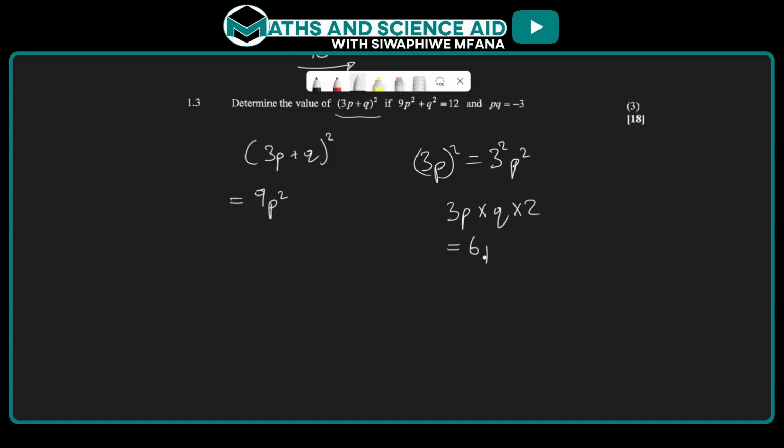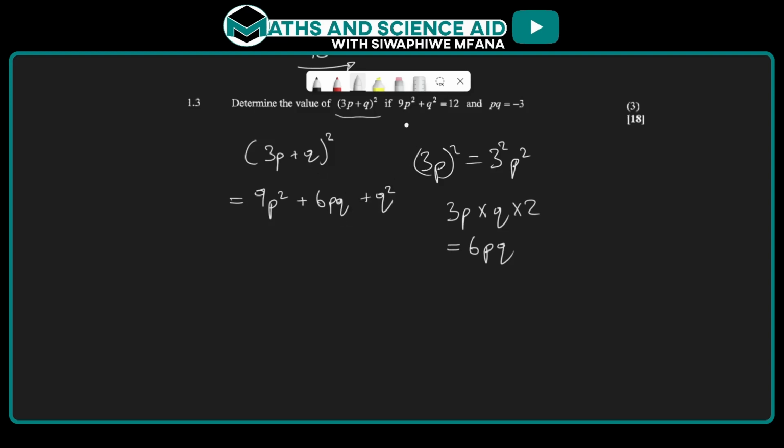And then you will have pq, because p multiplied by q is just pq. So it means that the middle term here is going to be 6pq. And then you simply need to find the last term, and that last term is going to be given by the square of q here, or the last term inside the bracket. So that will simply be q to the power of 2.